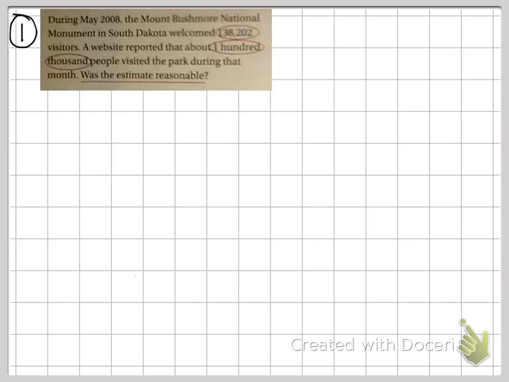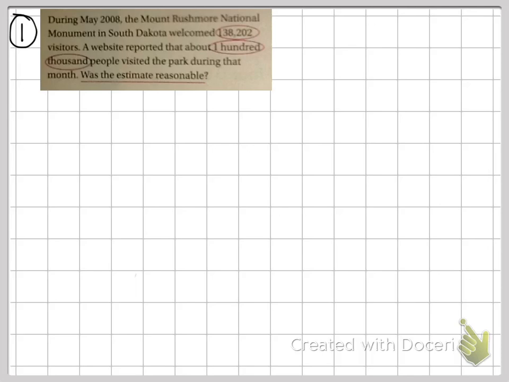First problem. You do not have to copy this down, just follow along as I read and annotate it with you, but do copy down the work that I'll be writing underneath it. During May 2008, the Mount Rushmore National Monument in South Dakota welcomed 138,202 visitors. A website reported that about 100,000 people visited the park during that month.